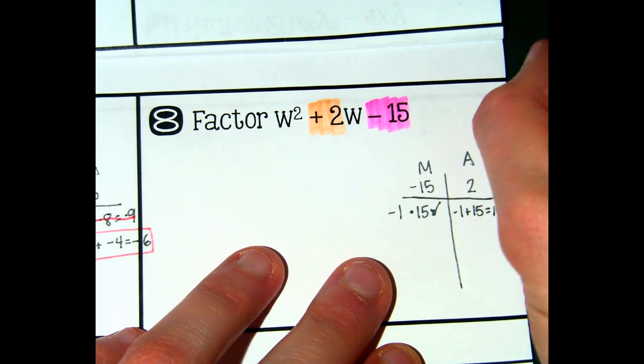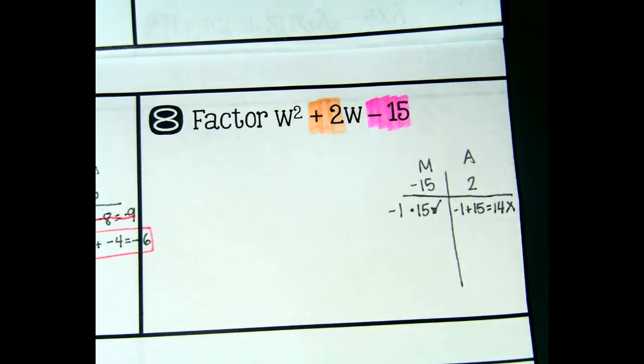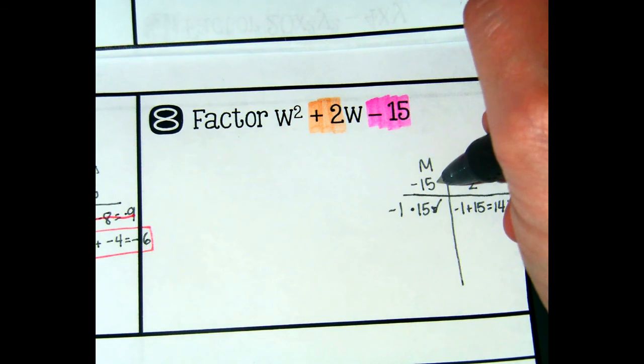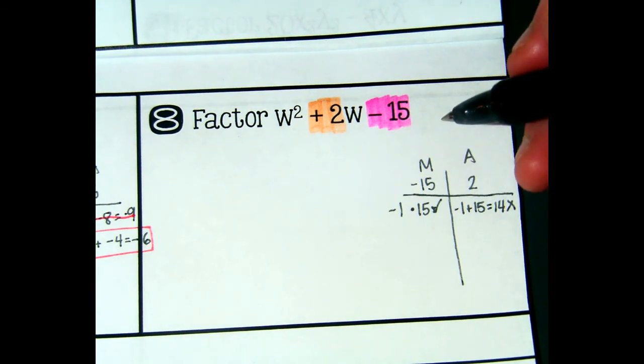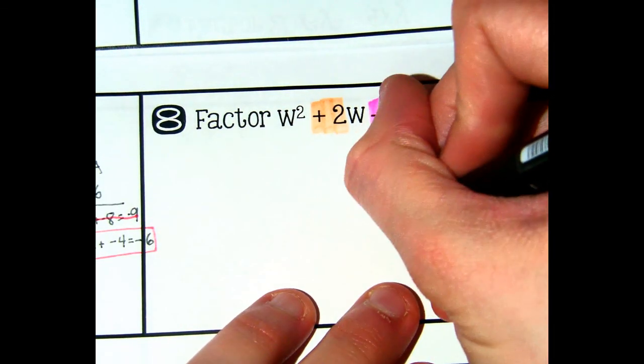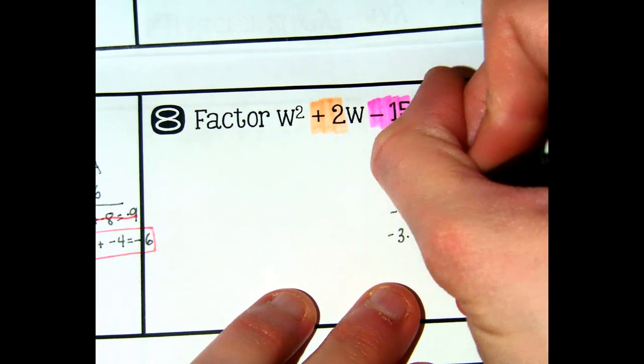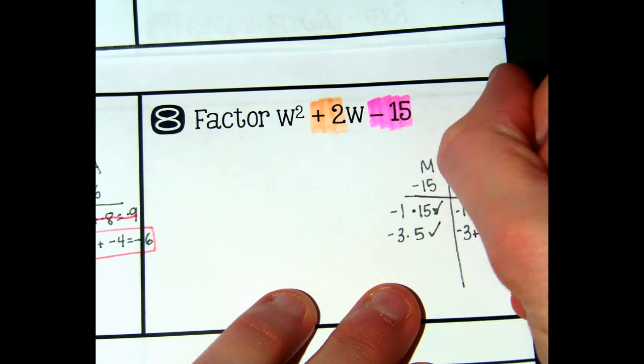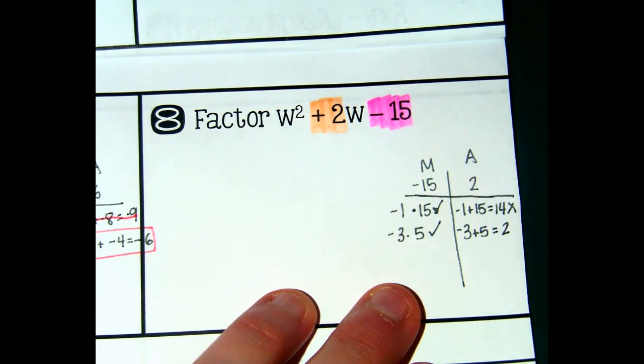It is positive 14. That doesn't work. Alright, what do we need to try next? 2. Will 2 go into 15? No, we can't do 2. Negative 3 times 5. Negative 3 plus 5 is what? 2. And that's what we're going to use.